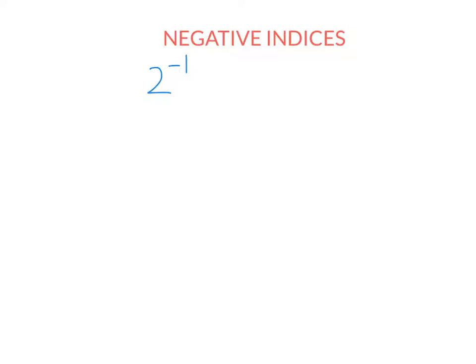So what we do sometimes in maths is we define things in such a way that they'll be easy. So what I mean by that is I'm going to come up with what 2 to the power of minus 1 equals. And I'm going to do that so that it fits in with the other index laws. So I know that 2 to the power of minus 1, if I were to times that by 2 to the power of 1, from previous index laws, I keep the same base and I add the powers.